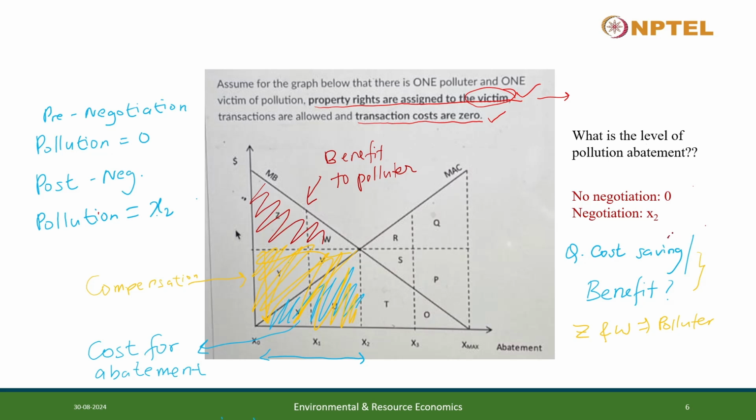So the benefit or cost saving will be area Y and V for the pollutee or the victim. Okay. The victim gets extra money, area Y plus V. This is for the polluter and this is for the pollutee. Pollutee will be Y plus V and the polluter gets extra benefit of Z plus W. Am I clear? Anyone have any question? Please ask.